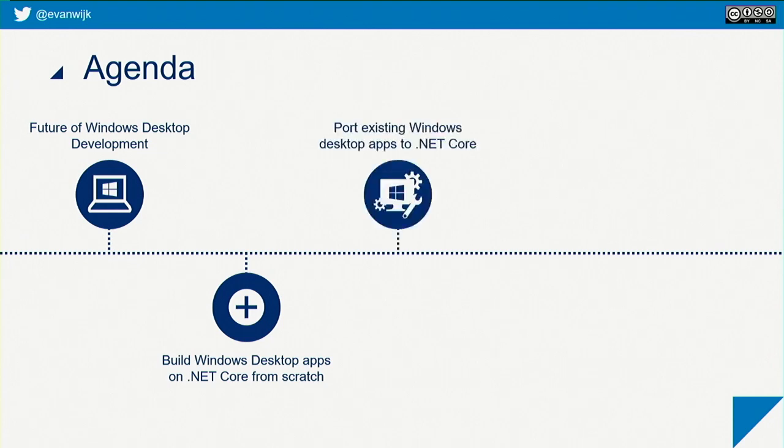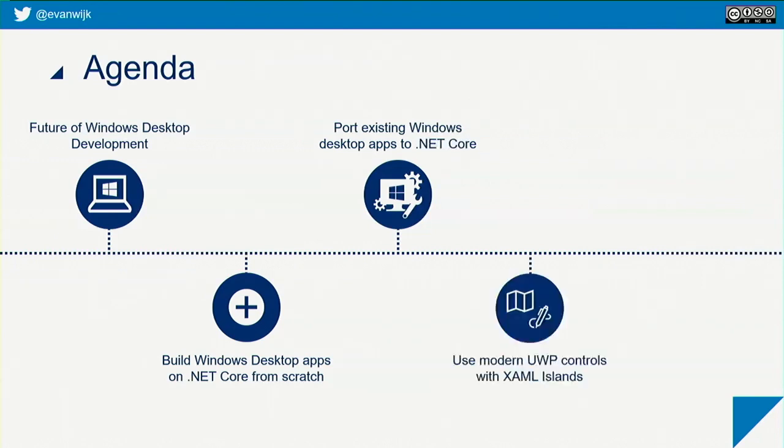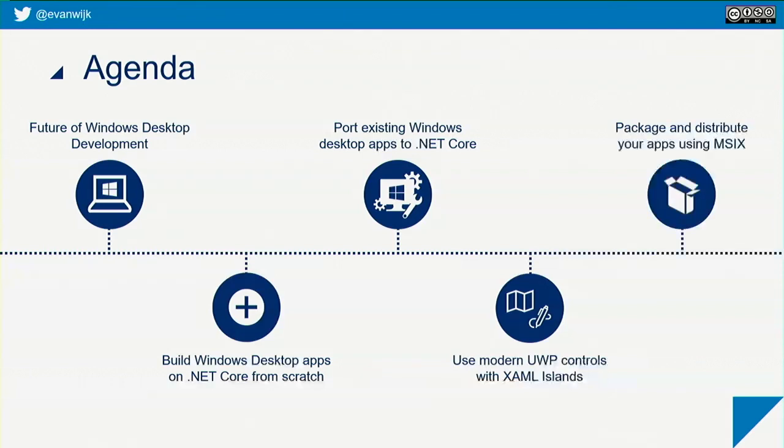And then, in my opinion, more interesting, if you have an existing application that you're building or running on a day-to-day basis, how can you port these applications to .NET Core? Then we're going to look at how you can use modern UWP controls within WinForms or WPF apps. And finally, we're going to look at a new way to package your application using MSIX. So this is basically the agenda for today.